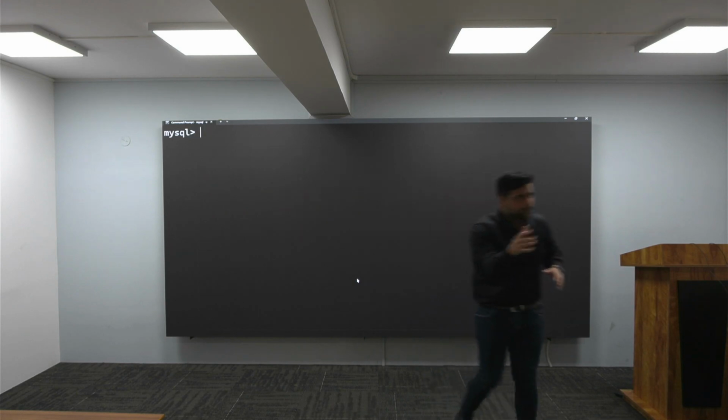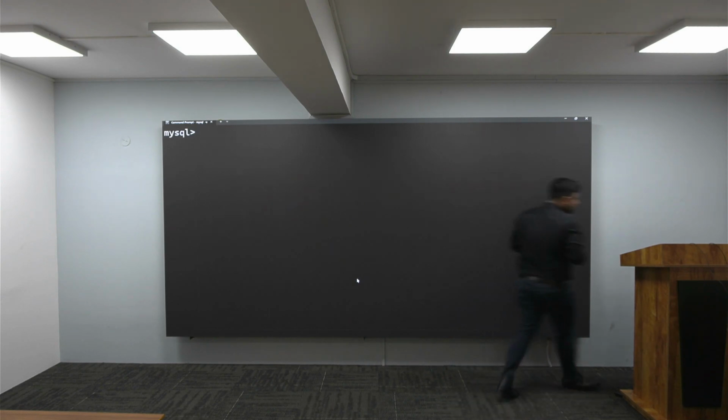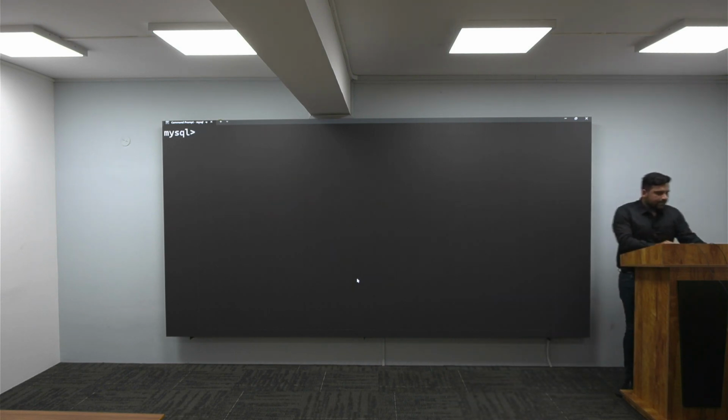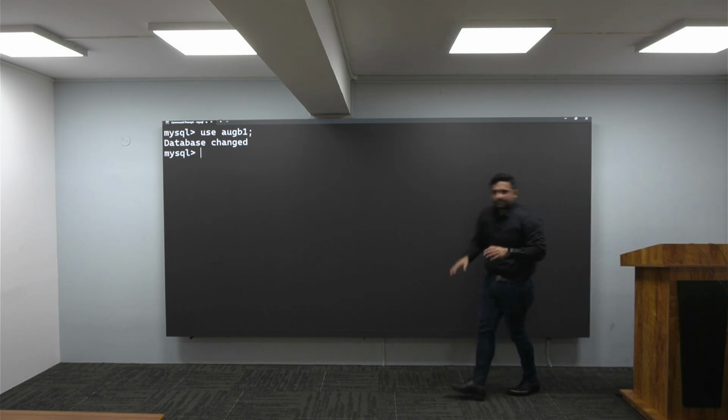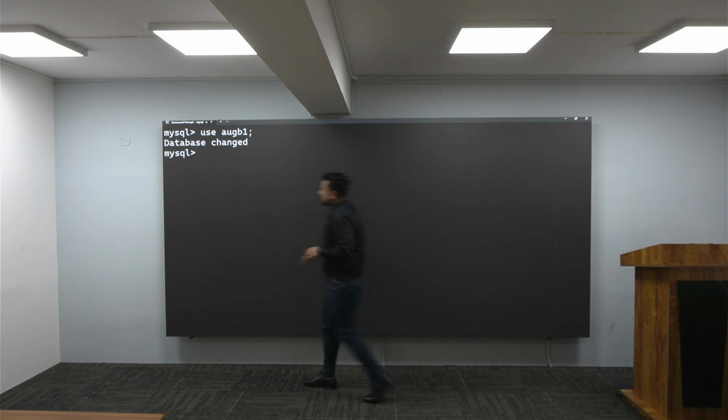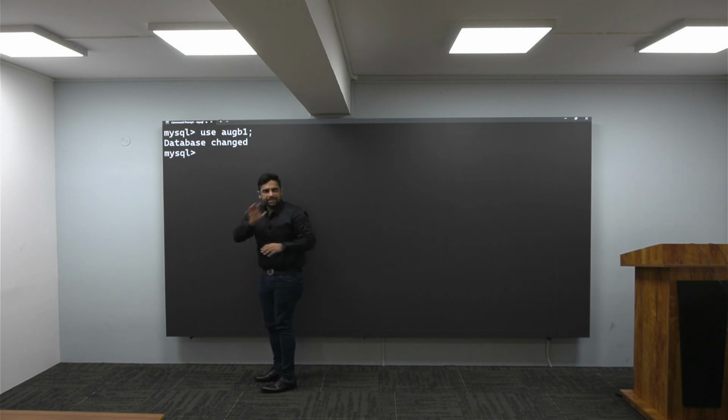First, we have to create, but we have already created. So first, we have to use. I will write the use command. Which database are we working on? August B1. Let's use August B1. Semicolon for termination.